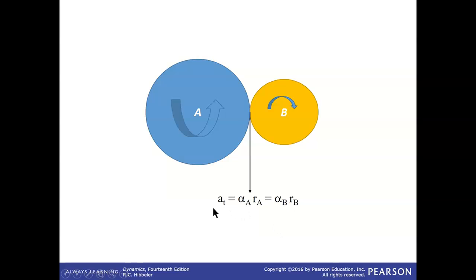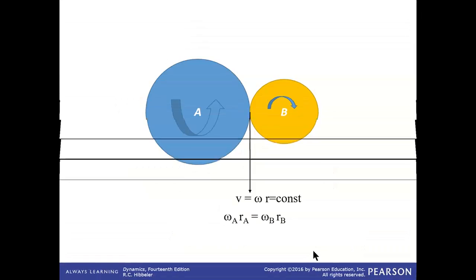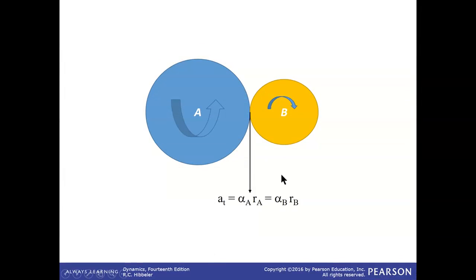We have discussed that the two gears also have the same tangential component of the acceleration, that is at. As per that equation, tangential component of the acceleration is the product of angular acceleration multiplied by magnitude of the position vector.